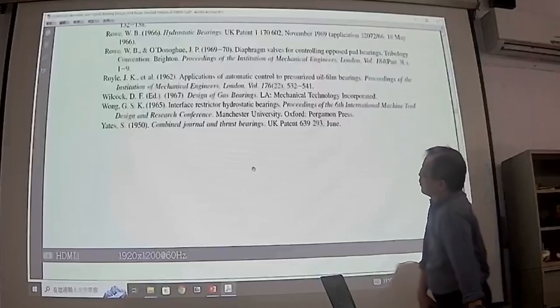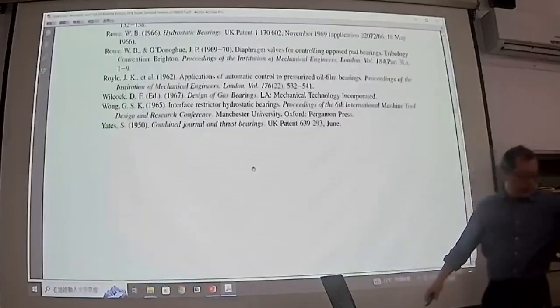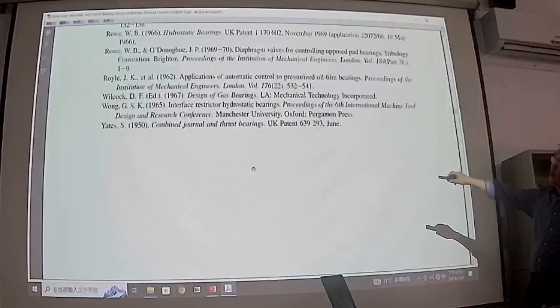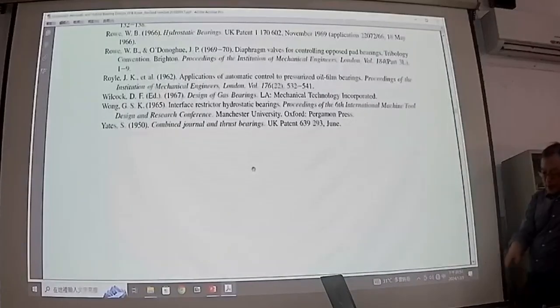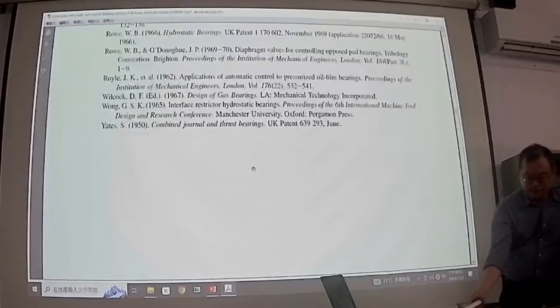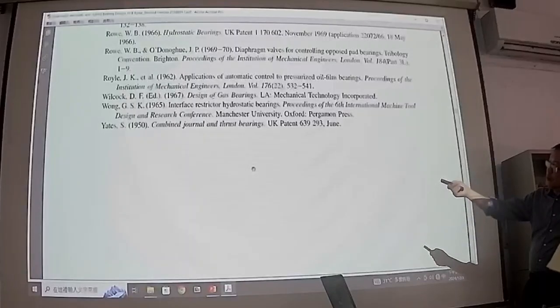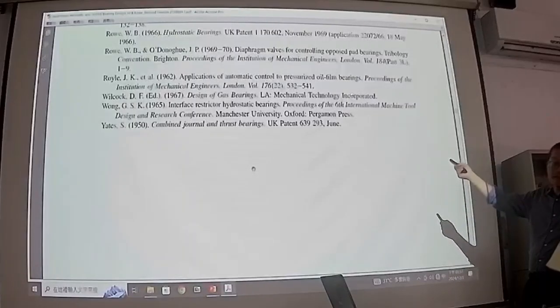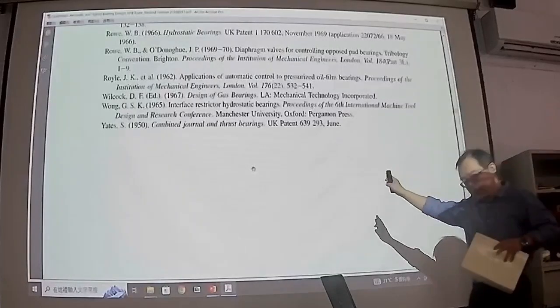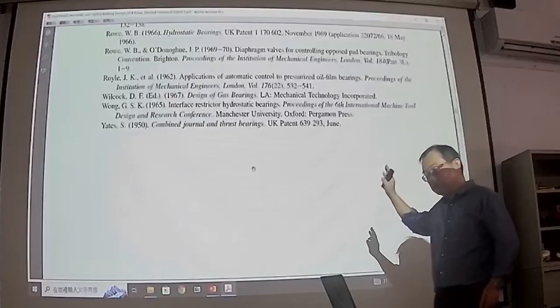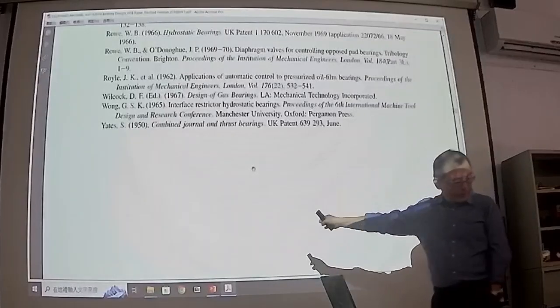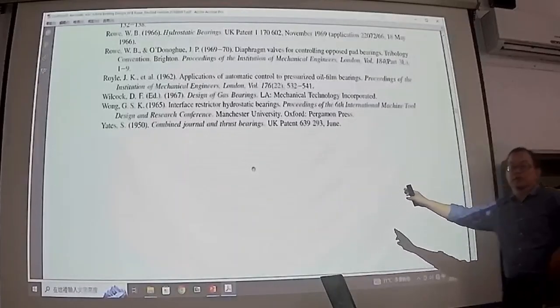If you are interested in the design of air bearing, this one is good. It's better than this textbook. This textbook is for hydrostatic bearing. For aerostatic bearing or air bearing, this one is the Bible for the design of air bearing. If you are interested, you can borrow it and make a photocopy from the library.